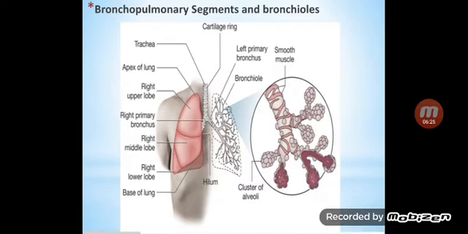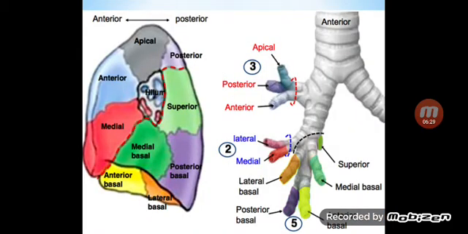So, if we want to understand the bronchopulmonary segments in the right lung and left lung, for example, someone asks, what are the bronchopulmonary segments in the right lung? As this slide shows, in the right lung we have superior lobe, middle lobe, and inferior lobe.